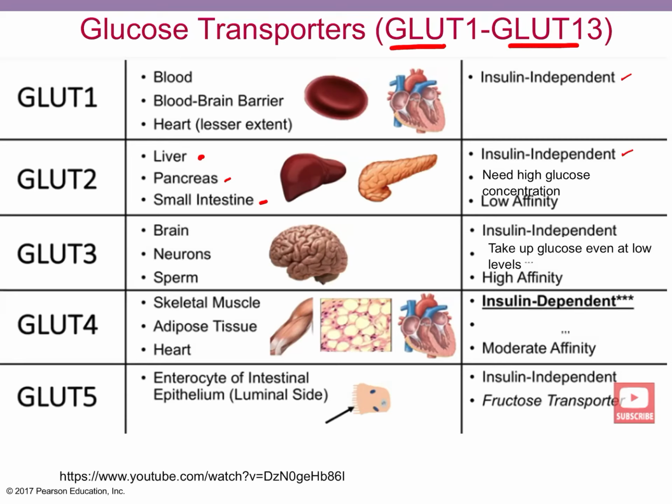So what's interesting here is that GLUT2 has a very low affinity for glucose, meaning that the transporter doesn't really bind glucose that tightly. And when this happens, the concentration of glucose makes a difference in how much glucose goes into the cells.